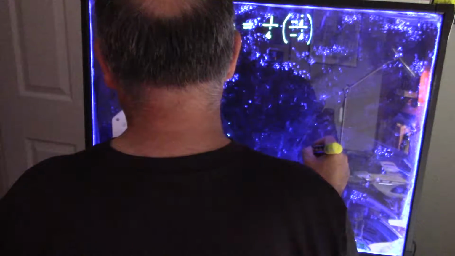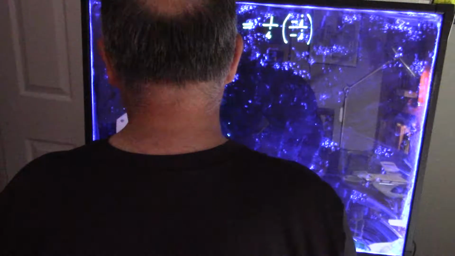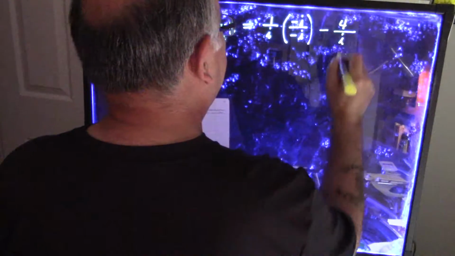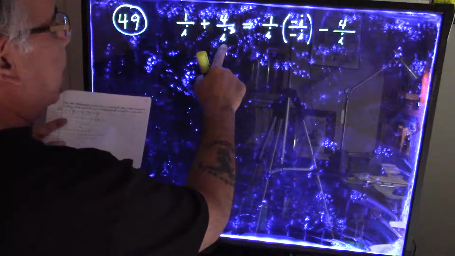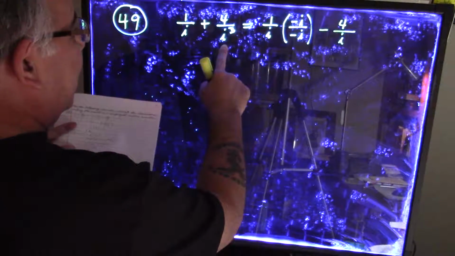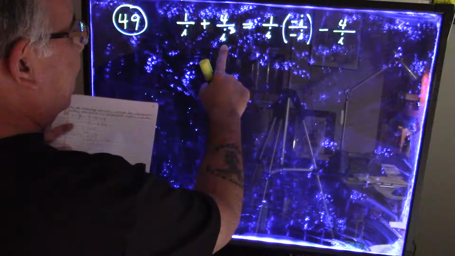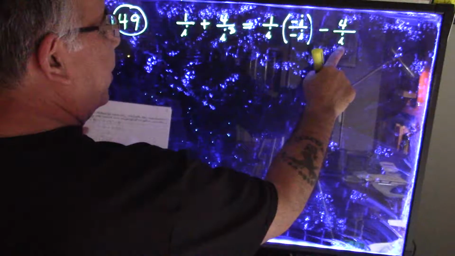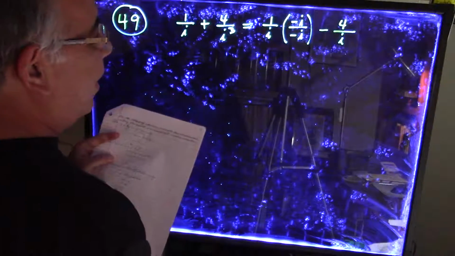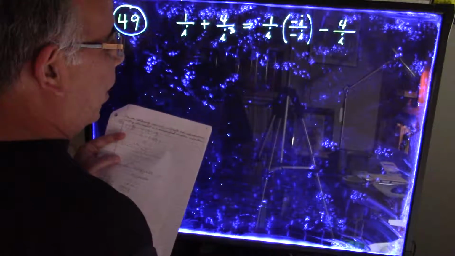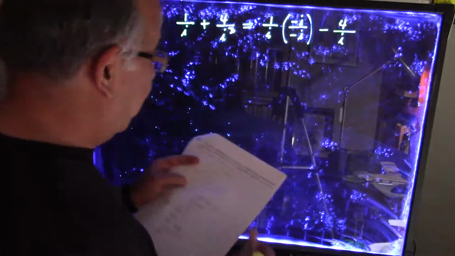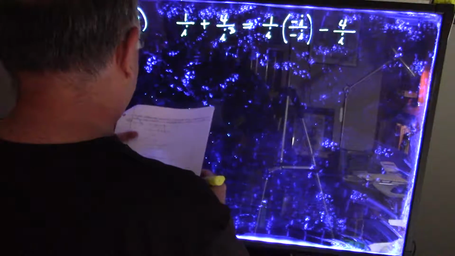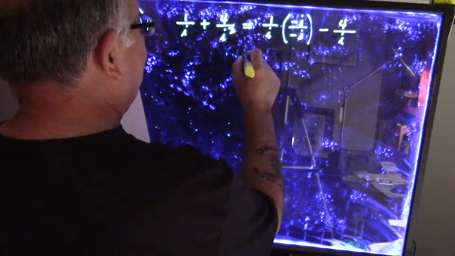Alright, and that's, let's see, we've got minus a 4 over i. I wrote that as i squared times i, and i squared is negative 1, and I put the negative there, and I still have an i left. Alright, so yeah, that was a bad joke, sorry about that.